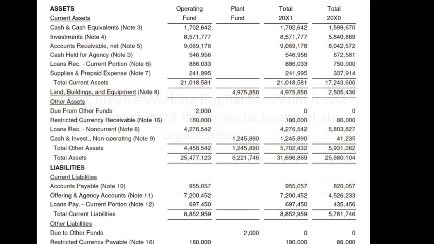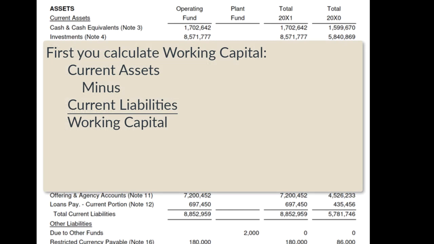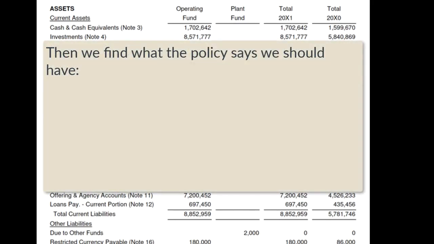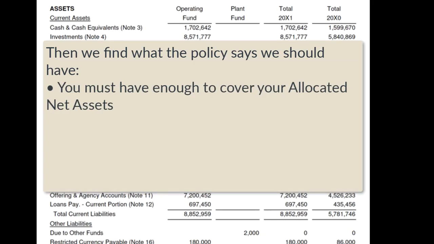So the first thing in our calculation, and we're going to go through it conceptually, and then I will show you the calculation, is that we take our current assets and subtract our current liabilities, and we get our working capital. And then we look at what is recommended for us to have. On all of the recommendations, we should have enough to cover our allocations.